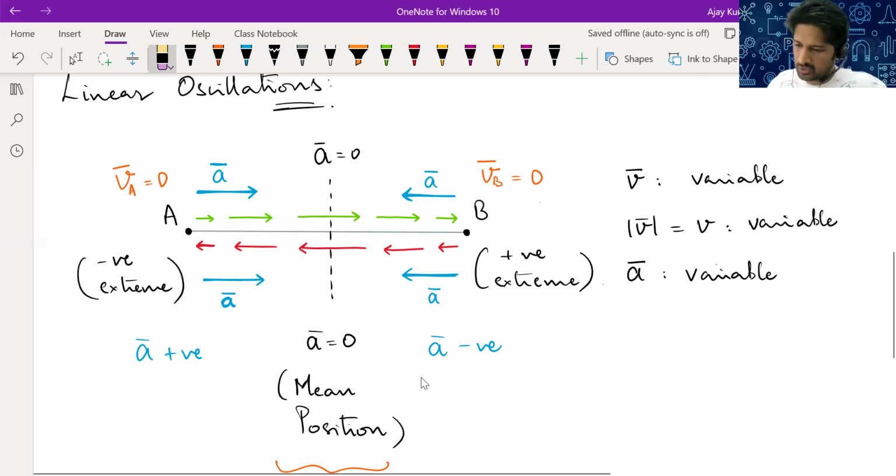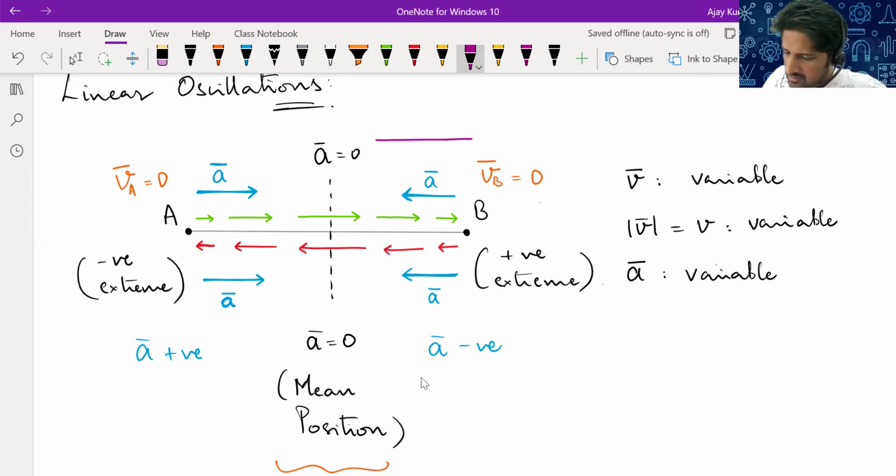And this is very, very important, the direction of force. So F net, anywhere on the right side of mean position, the net force is to the left. And anywhere on the left side of mean position, the net force is to the right. So you look at the direction of net force. Can any of you describe the direction in which net force acts?